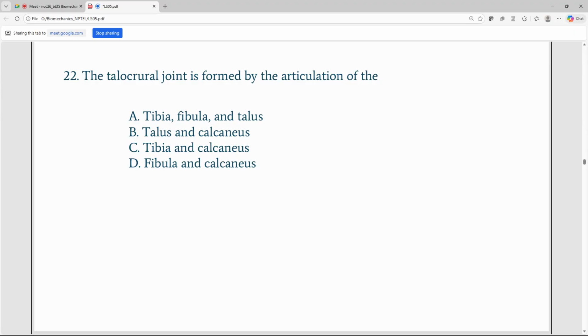So, the bones which form the talocrural joint.